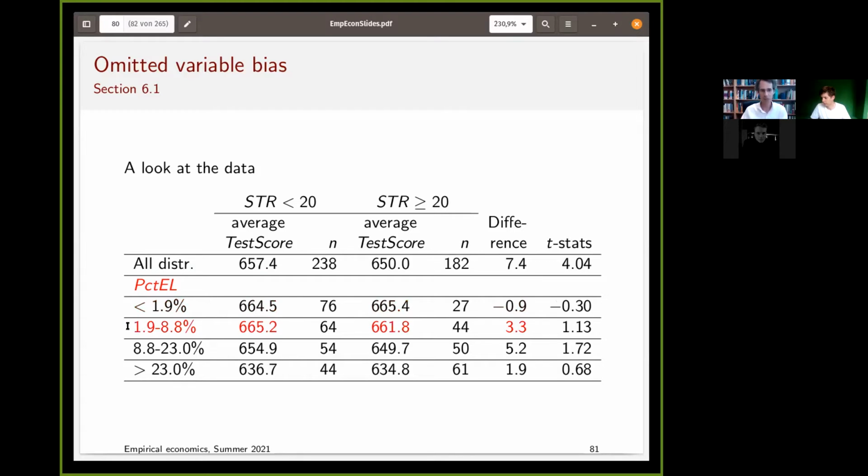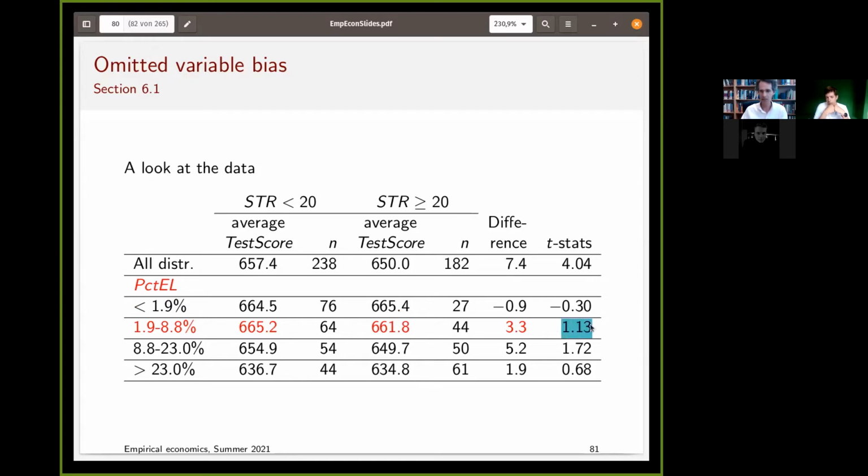Right, let's continue with the next group. So this is the modest amount of English learners. And again, we can see that the difference between the small classes and the large classes is not very large. In this case, the difference is just 3.3. The large classes do slightly worse than the small classes, but the difference is not very large.